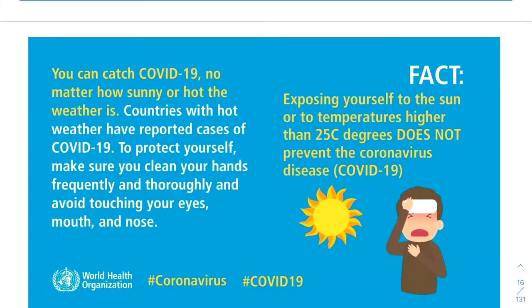Now, another fact to be cleared is that you can catch COVID-19 no matter how sunny or how hot the weather is. Exposing yourself to sun or temperatures higher than 25 degrees does not prevent the coronavirus disease.